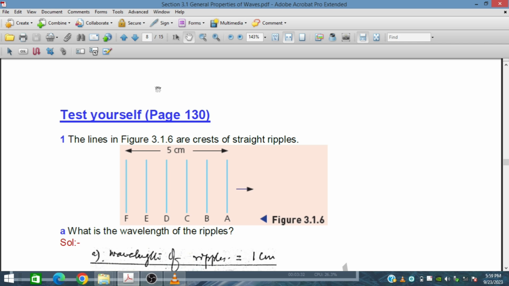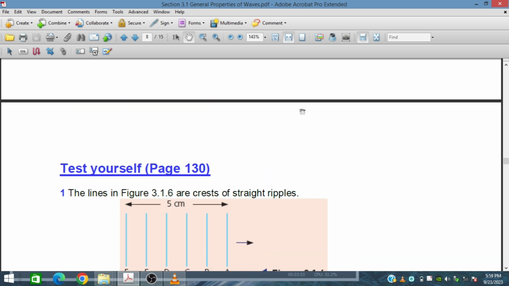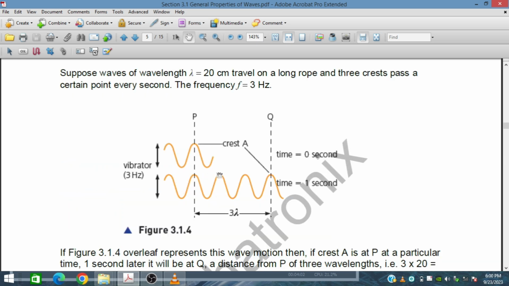For example, if we have this kind of result, which is shown in a test yourself on page 130 from the same book, the lines in figure 3.16 are crests of straight ripples. So these are straight ripples, and these lines are showing the crest points. We have drawn these bars here.